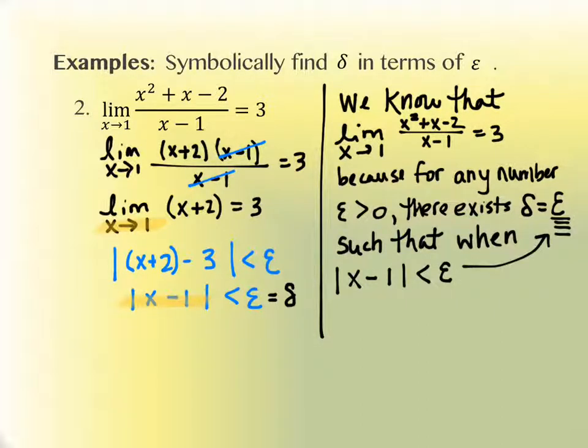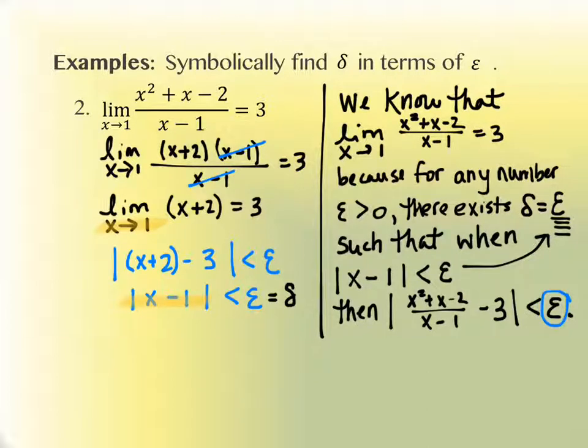When the absolute value of x minus 1 is less than delta, then the absolute value of my function as a whole, x squared plus x minus 2 over x minus 1, minus 3, the limit value, is less than epsilon. And this epsilon at the end is the epsilon that we originally encountered. That's where that came from.